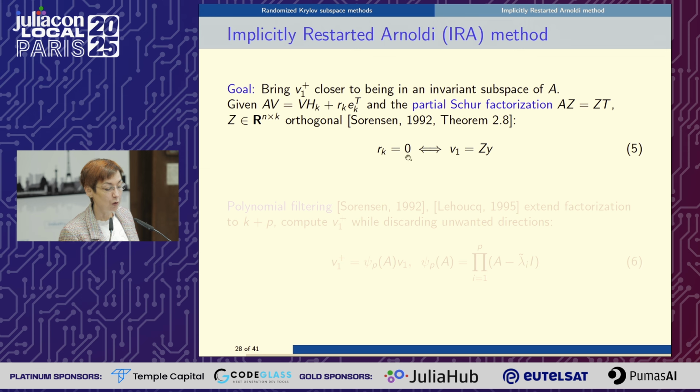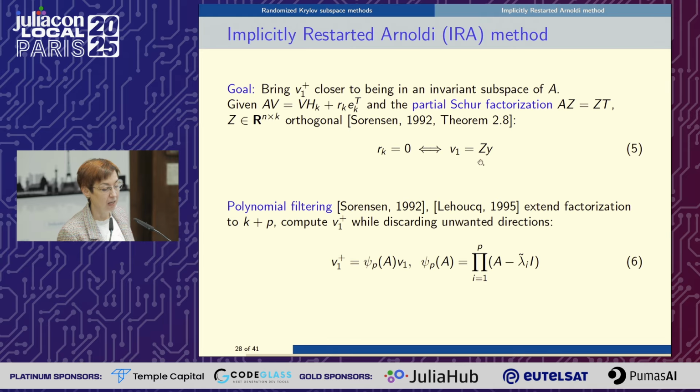Then we know that the residual is equal to 0 if the starting vector V1 is a linear combination of those vectors in V. The implicitly restarted Arnoldi method uses polynomial filtering, which was introduced by Sorensen and then extensively studied by Lehoucq in his PhD thesis.